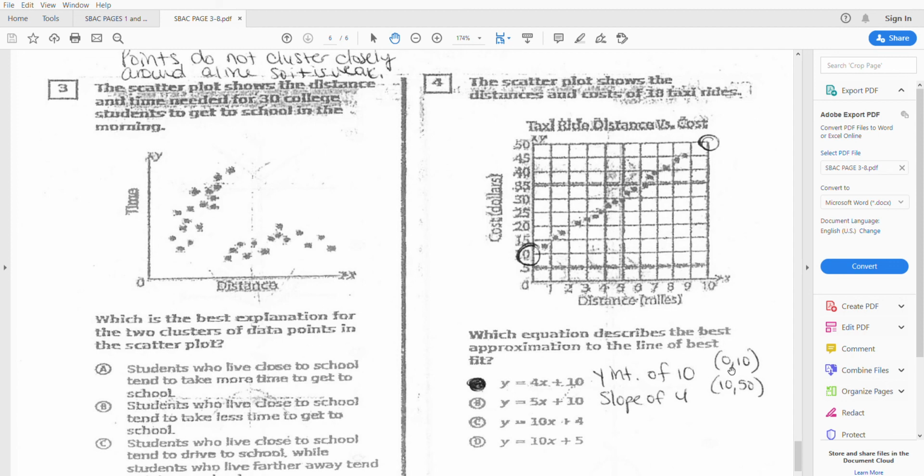So one of my points is 0, 10, and then if this keeps going, 10 miles is going to be $50, so 10, 50. When I do 50 minus 10 over 10 minus 0, I get 40 over 10, and my slope becomes 4. So my equation is y equals 4x plus 10.